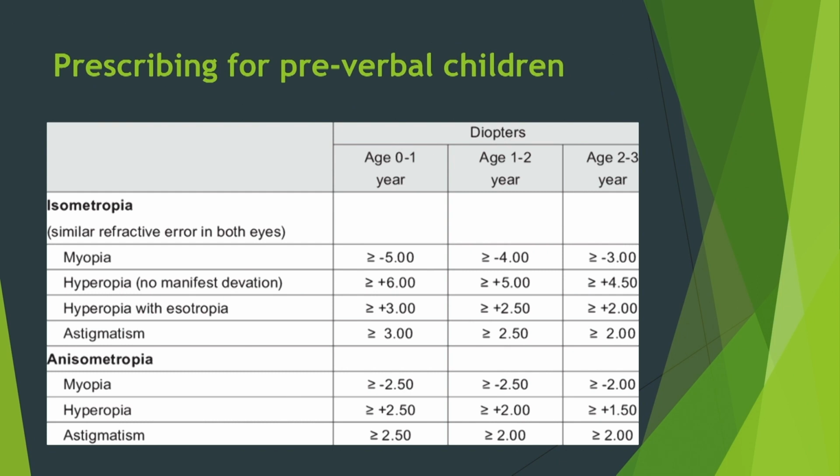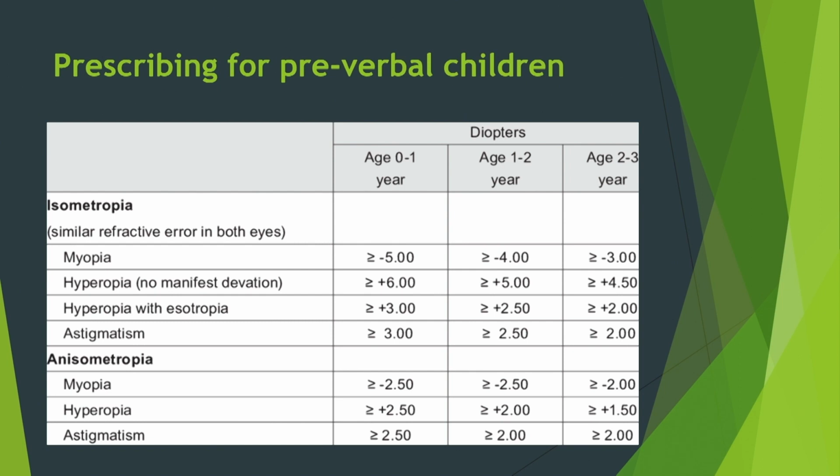Usually isometropia means both eyes have the same refractive error, right? And anisometropia, you know, there is a difference, right? So this is the chart: for less than 1 year, myopia, only if it is more than -5 do we correct. Why are we not correcting smaller myopic errors in smaller children?